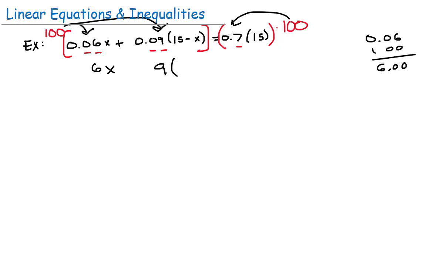So 9 times 15 minus x once we multiply by 100. And then on the right side, that was 0.7, and so that's in the tenths place. When we multiply by 100, if you want to, you can work that out, but what's going to happen is it's going to be 70.0, or 70. So that one's going to be 70 times 15.